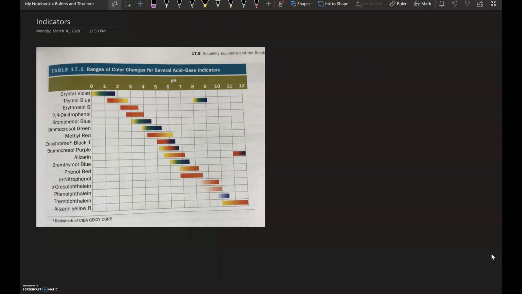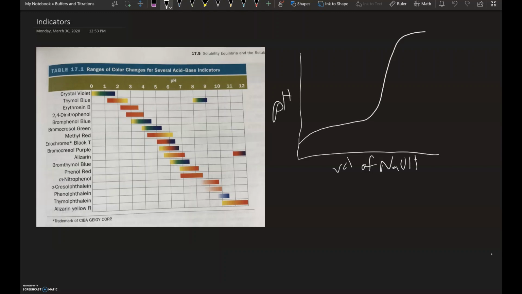And so if we look at a solution, just for example here, where we titrate a solution of acetic acid and we check the midpoint, the equivalence point here. Alright, and so this equivalence point happened to be around 8.9.